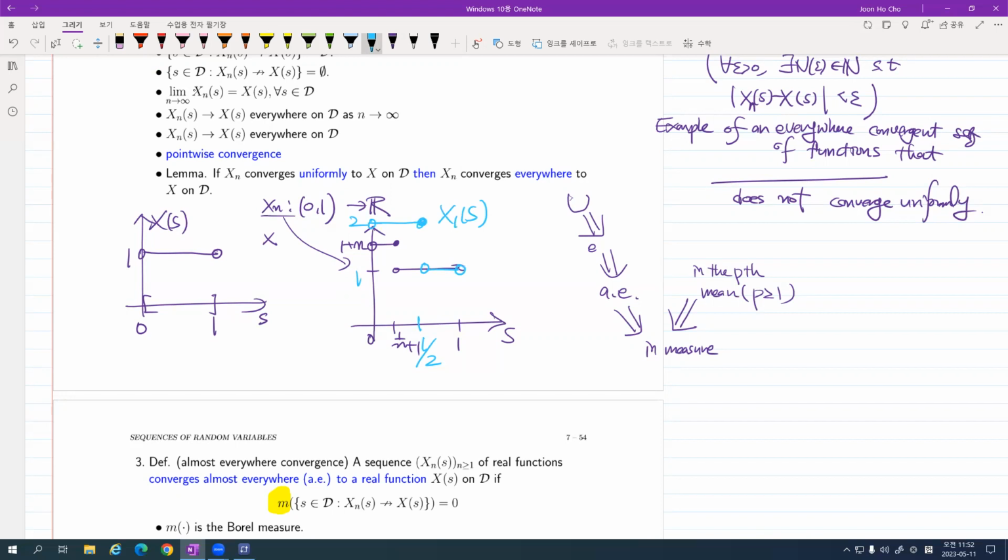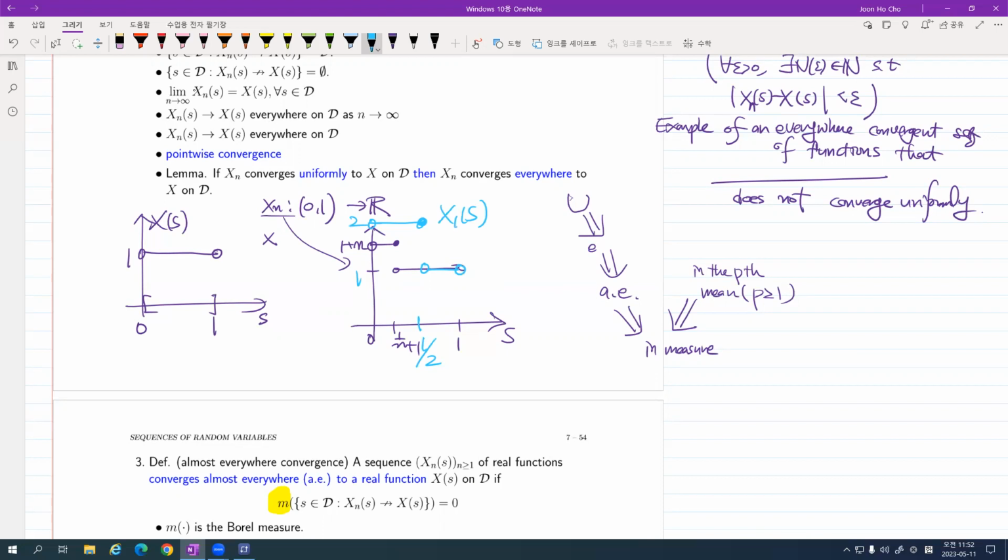Now, let's check whether it converges everywhere on D or not. In order to do that, let's consider a real number between 1/2 and 1. And as you see, whatever s you choose, you always have an x_n that is already equal to the target function at that s.